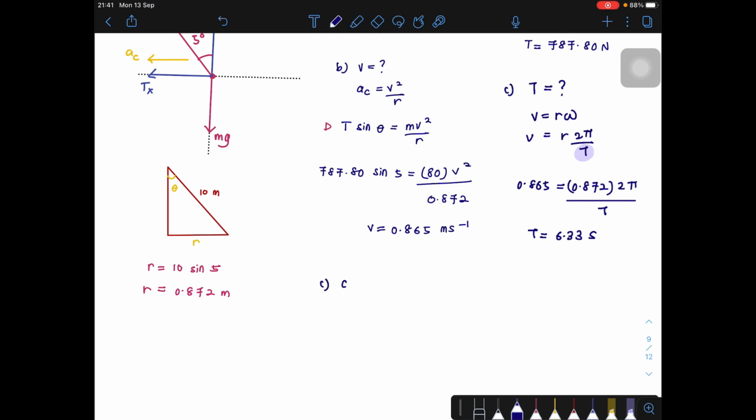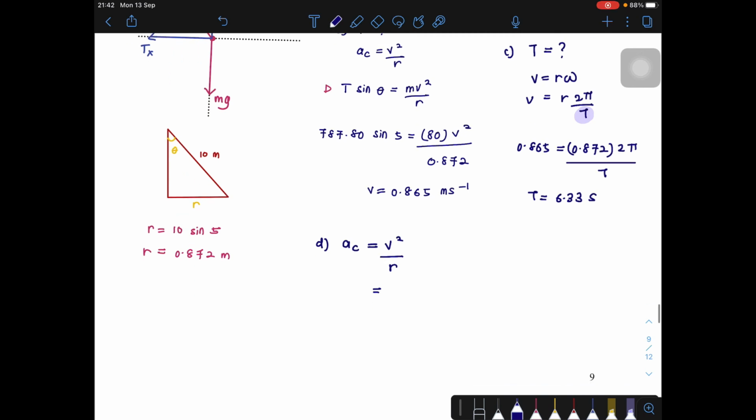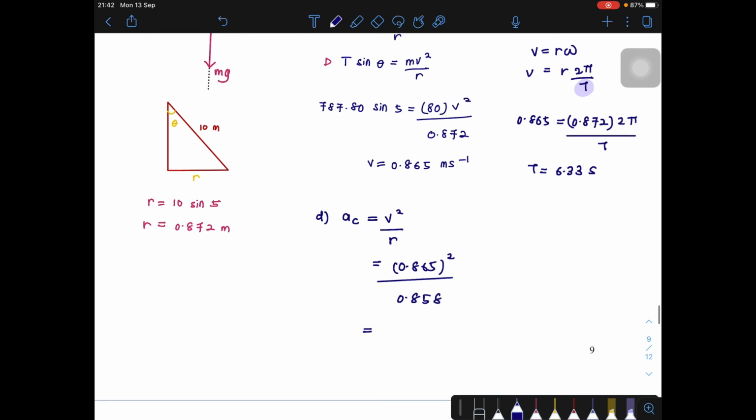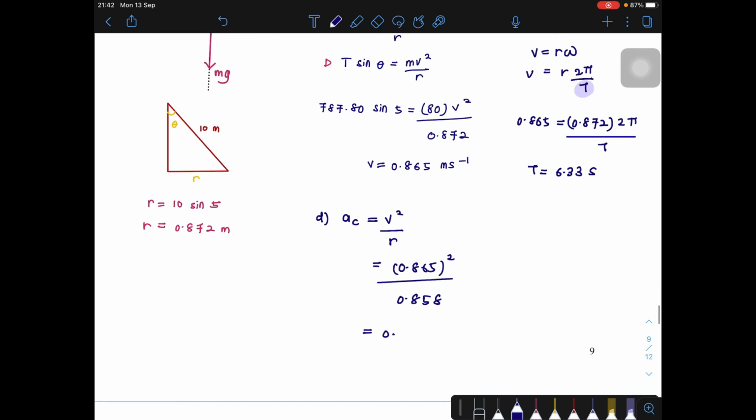Okay, so the last one is calculate the centripetal acceleration. So centripetal acceleration, okay, sorry, soalan D. Centripetal acceleration adalah sama dengan v square divided by r, di mana v square we already have 0.865 square divided by the radius.